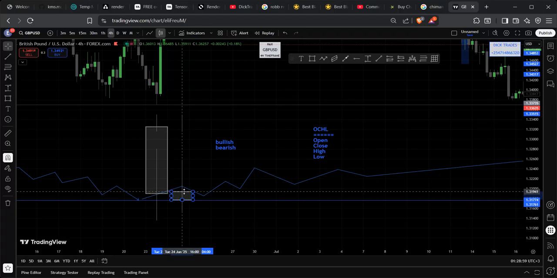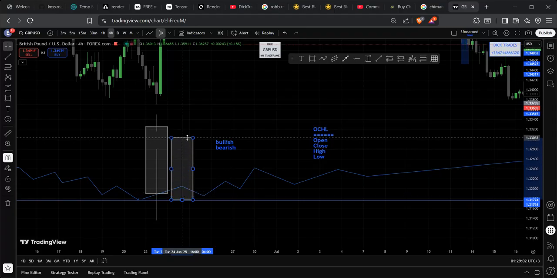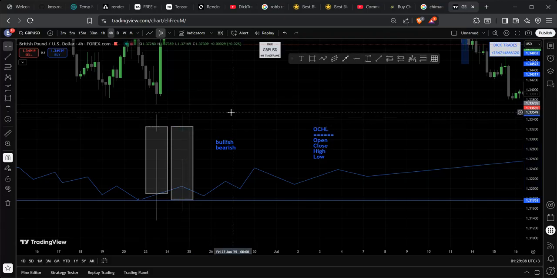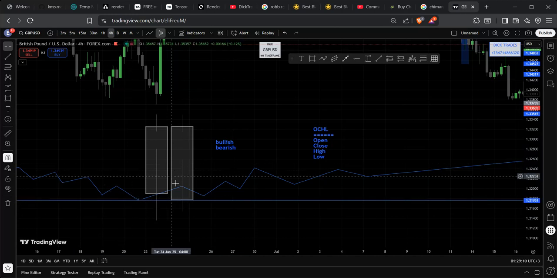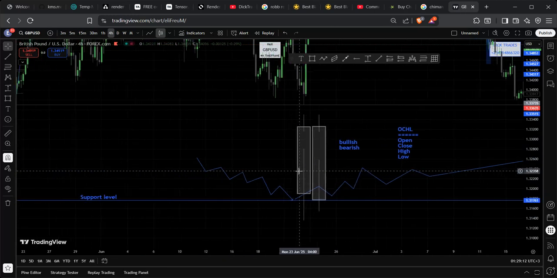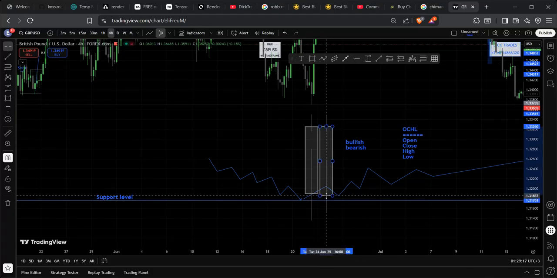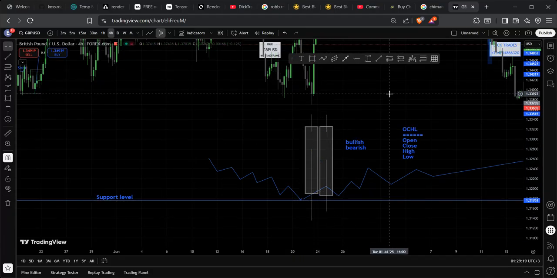Now, if it starts pushing up, it doesn't matter to what level. If it does that, it has confirmed to you that this level is your support, simply because price decided to push to the upside.